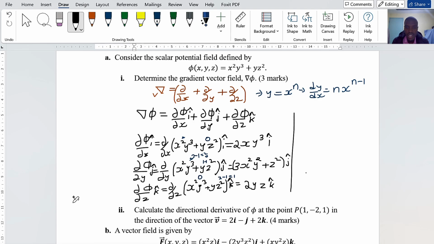Now your answer, which is nabla, or the gradient of phi, is simply the combination of all of them.